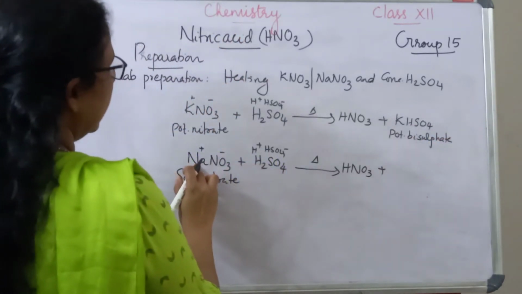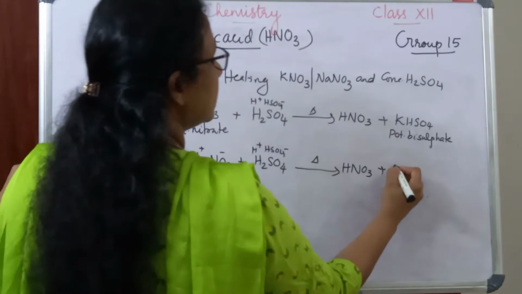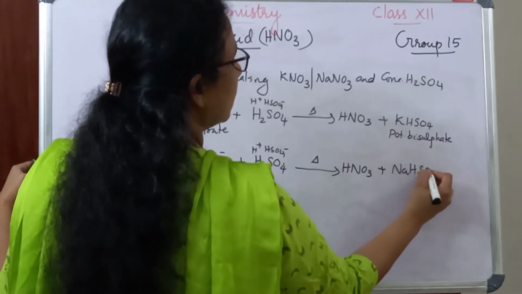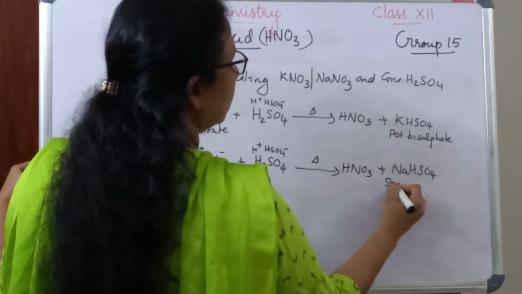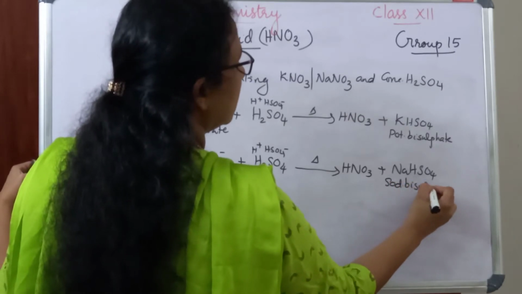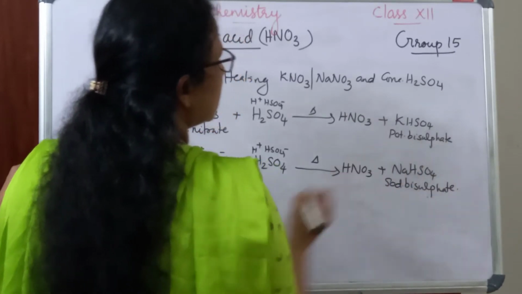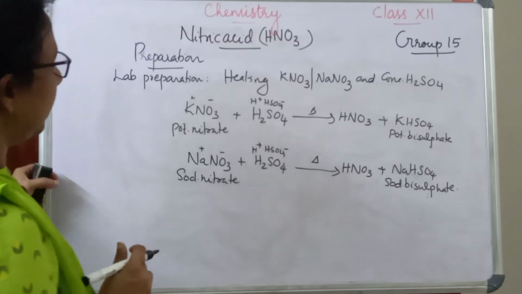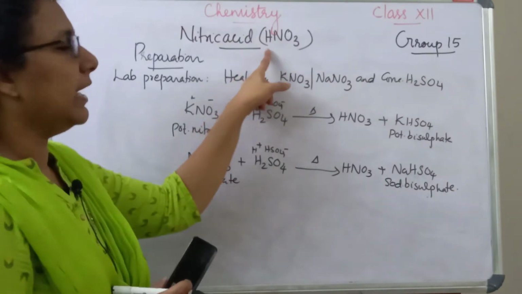In this case Na plus and HSO4 minus, that is NaHSO4, sodium bisulfate. So this is the laboratory preparation of nitric acid.